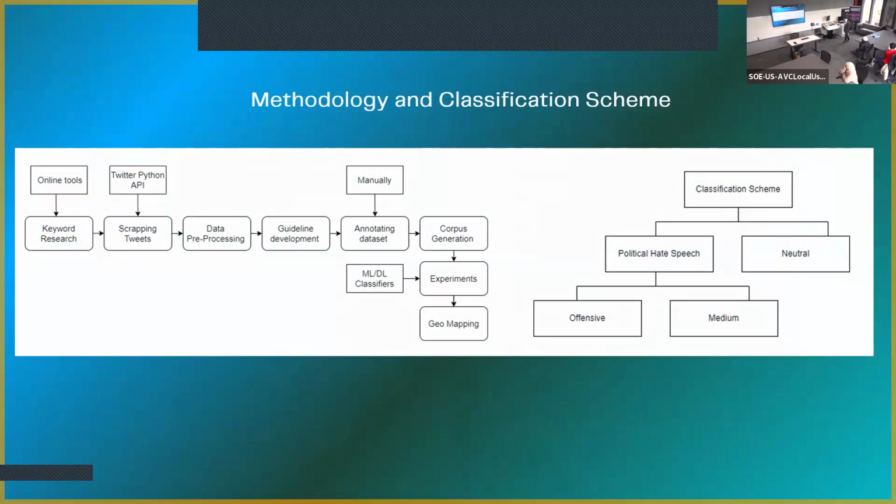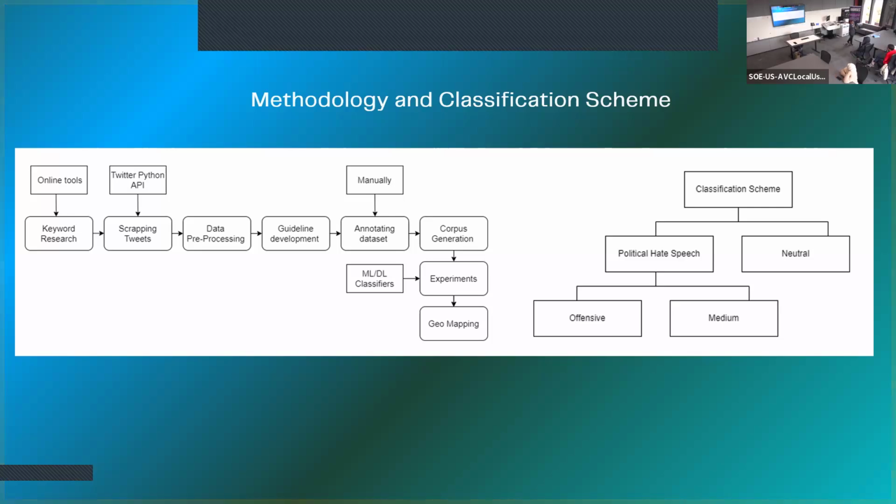Similarly, we made a classification including political hate speech. During elections or different types of campaigns, people use different types of comments, so we tried to understand whether a comment is neutral or hate against a political leader. This type of data was extracted using the Twitter APIs.